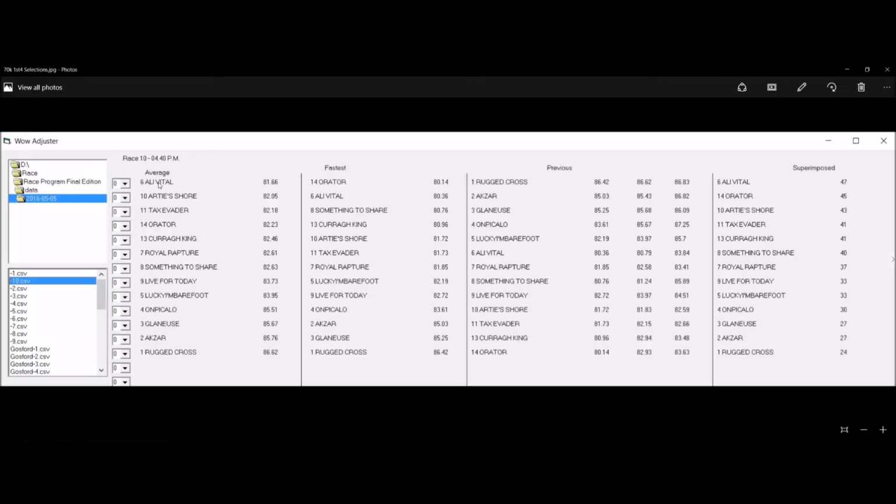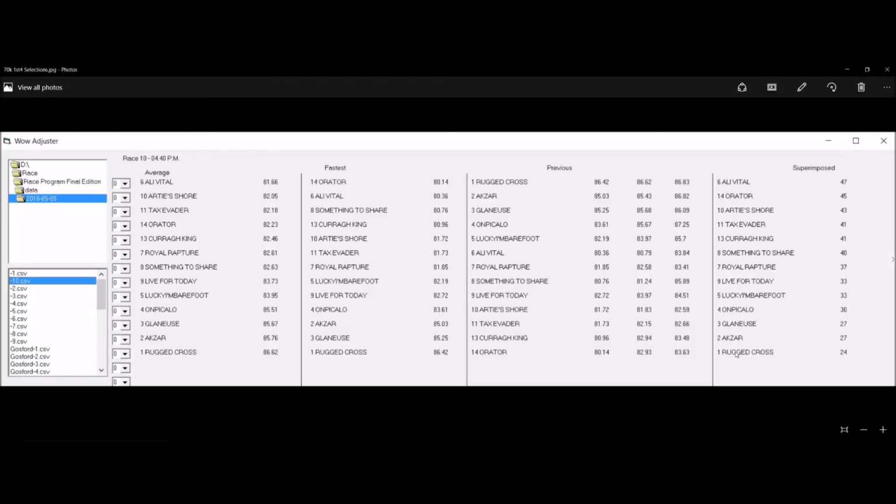Whoever finishes on top gets 24 points, 23 points, 22, 21 and so on down, and the same on that column. So they cross over each other, hence I called them superimposed, this column. And the score here of 47 would mean that Ali Vital finished on top there, but finished second here. So he doesn't get the full 24 and the full 24, he gets 24 and 23 equals 47. So there he is on top. That's the likely one of the 2 of them.